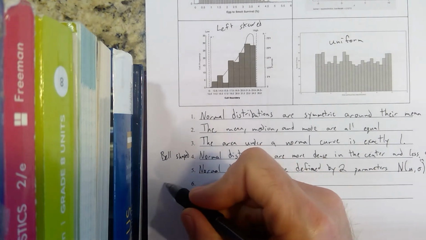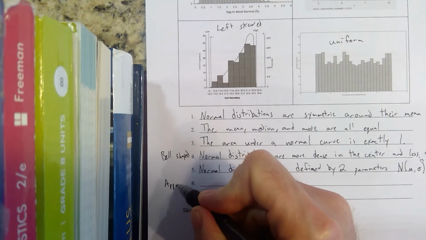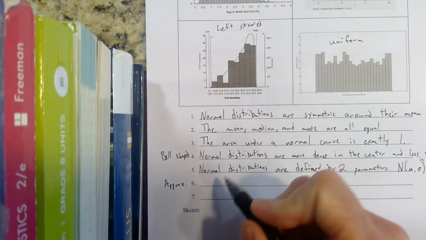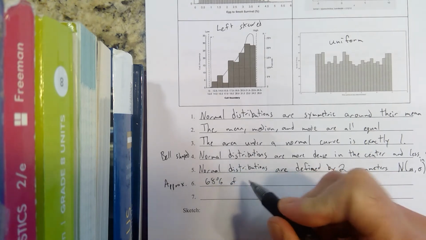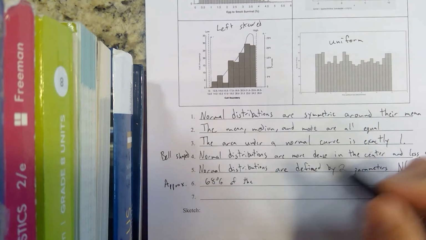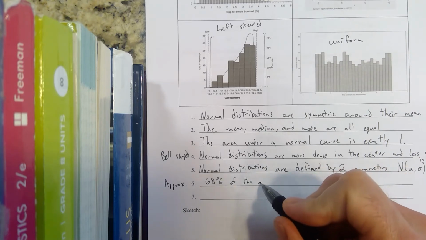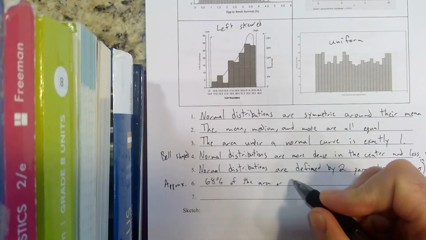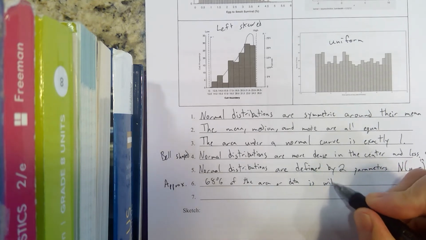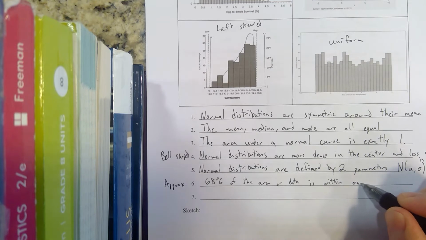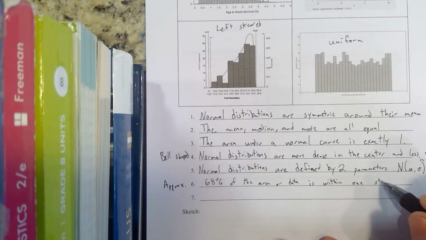All right, now to the most important things. We know for all normal distributions that approximately 68% of the area or data, whichever one you want to say, area or data, right, is within one standard deviation of the mean.